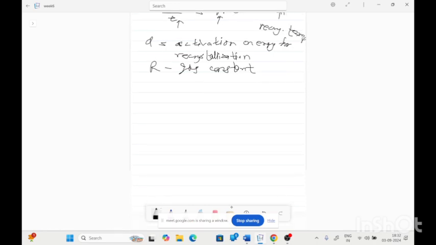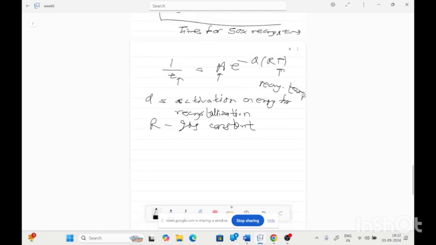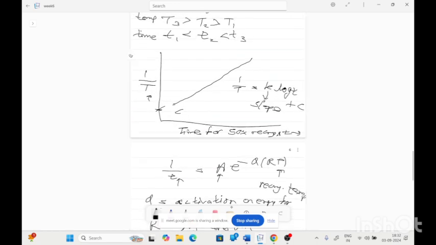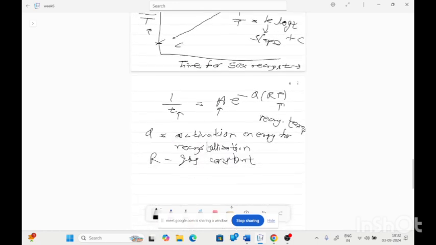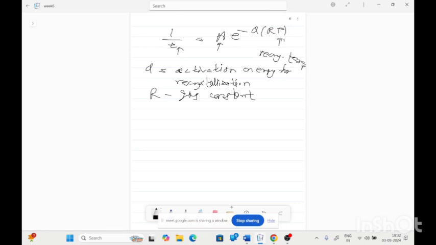The case we studied is the annealing process, but recrystallization can also happen during deformation.